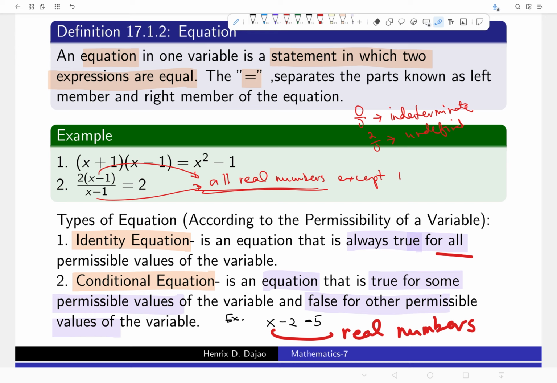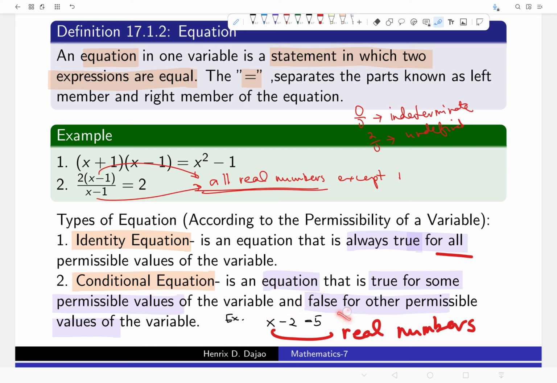So the only number that is a permissible value of x, and at the same time will make our equation true, is the number 7. Because 7 will make this equation true. It's obvious: 7 minus 2 is 5, which is equal to the right side, 5.